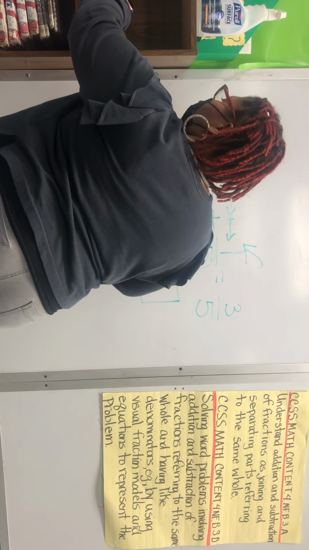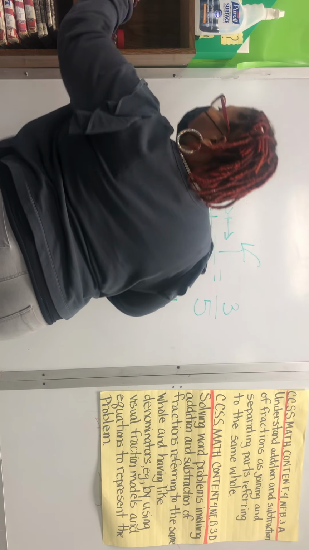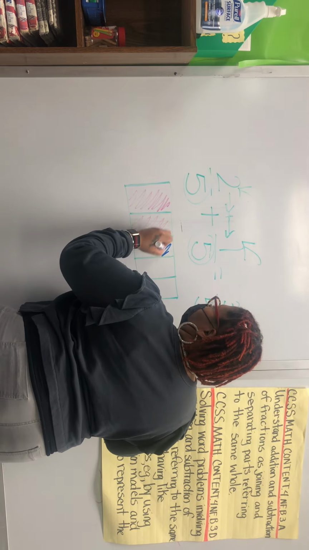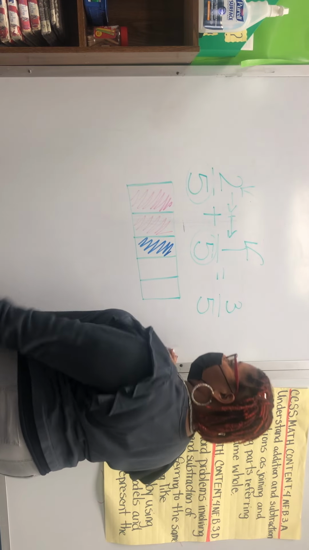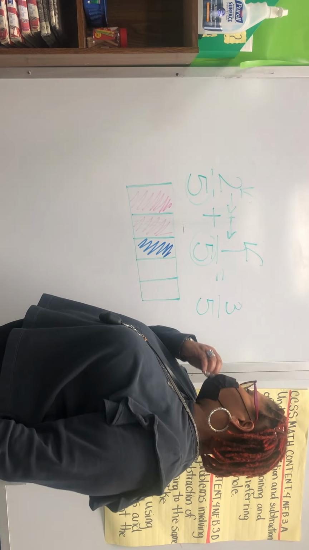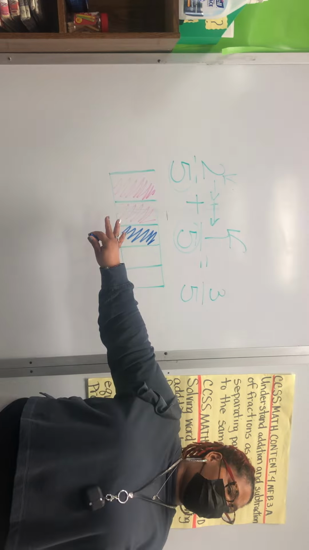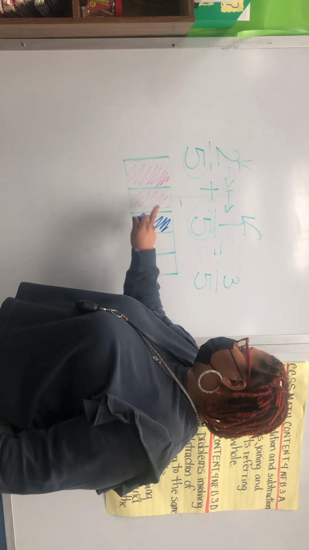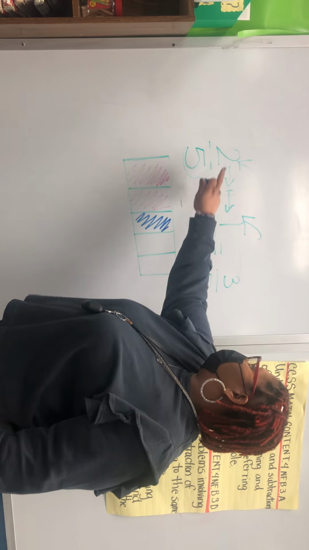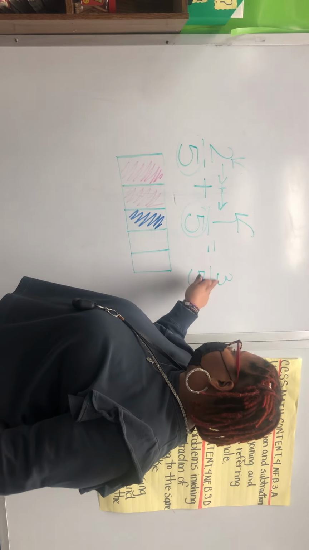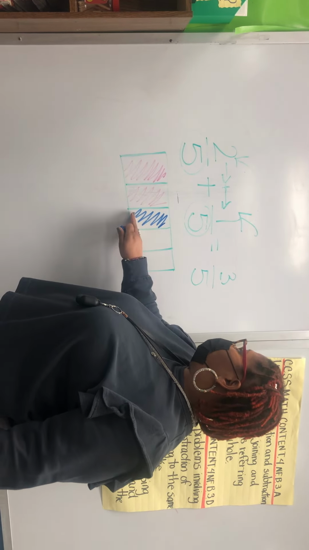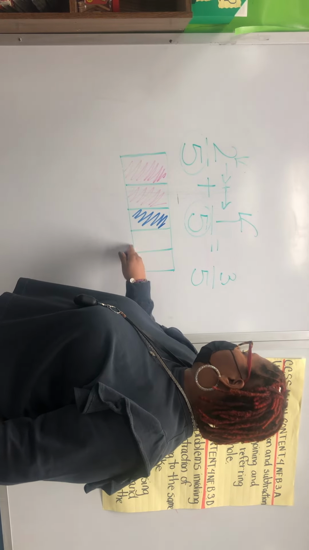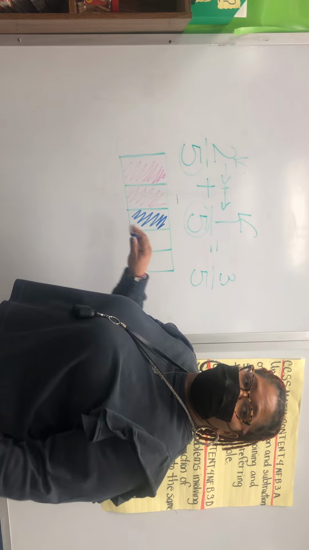And then if you shade the next number in, it would have just been 1. So there it is, you looking at your fraction right here. Okay? So then all you would do is add 1, 2, 3. 2 plus 1 is 3. So the 3 would have been a numerator, and the 5 represents the denominator as the whole.